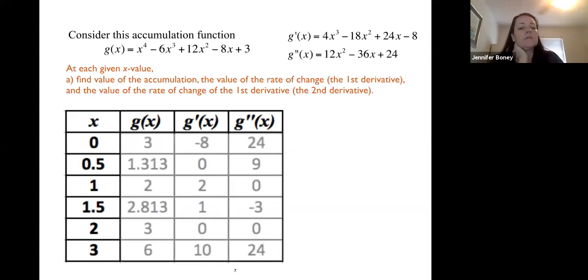So here we go. I just picked some points, 0, 1/2, 1, 1.5, 2, and 3. Well, 2.5 didn't quite fit on. But I can see in this, okay, g of x has a value of 3, then it goes down, and then it goes up, up, up, up.